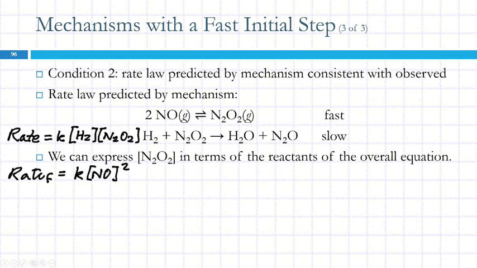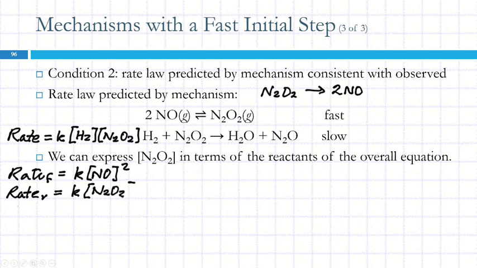What's the reverse reaction? Some people can see it, other people need to write it out. That's the reverse reaction. What would the rate law be for that one? It would be the concentration of N2O2.